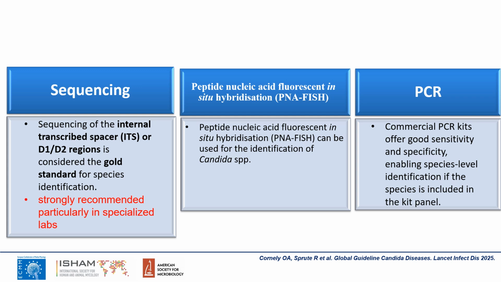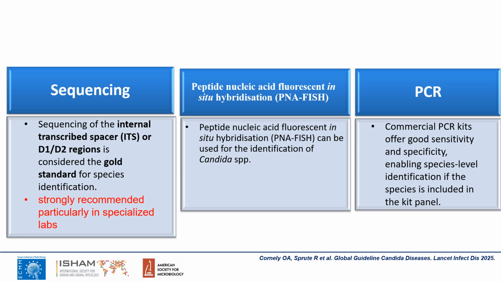And we are also aware of several commercial PCR kits which are used for detection of Candida species from clinical samples, and these kits have demonstrated good sensitivity and specificity targeting individual species.